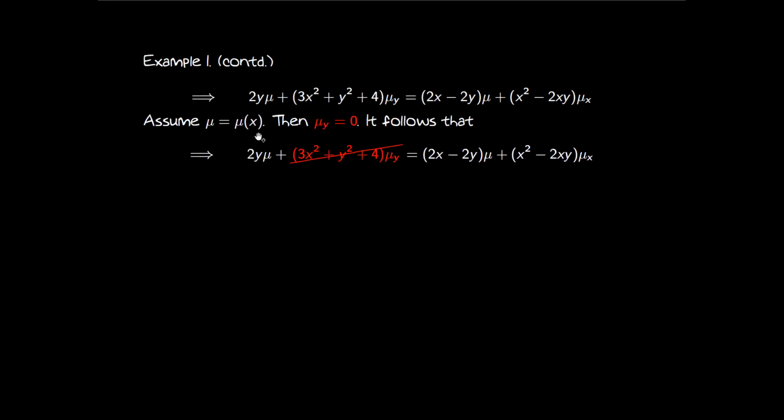In this case, the y derivative of the function is going to be 0, because the mu here has nothing to do with y, right? If you make a change in terms of y, this function won't change. So that's why the y derivative here is 0. Therefore, 0 times whatever is still 0, so this term is going to be canceled. And now you have just mu and its x derivative involved in this equation.